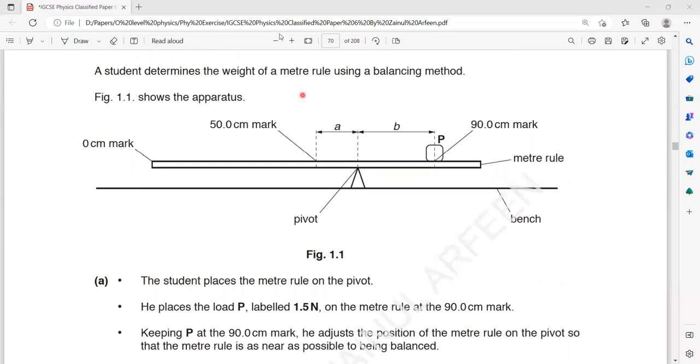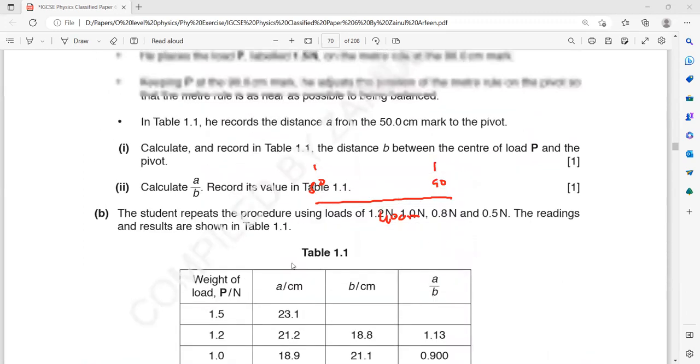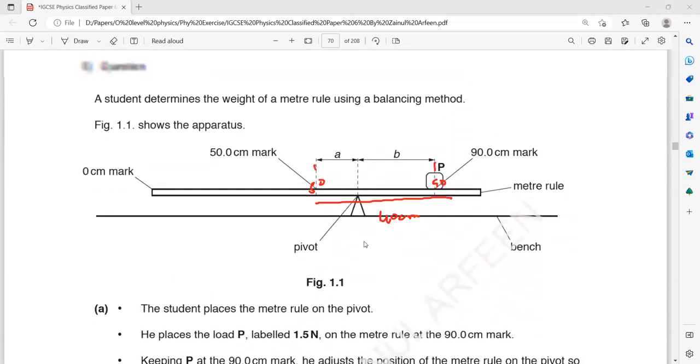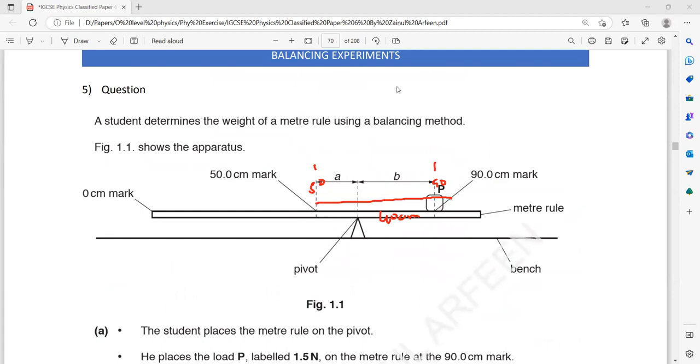So this one is at the 50 centimeter mark and this one is at the 90 centimeter mark. So what is the total distance from 50 to 90? That is 40 centimeter. Out of 40 centimeter, A is 23.1.